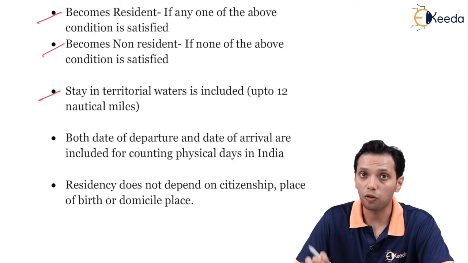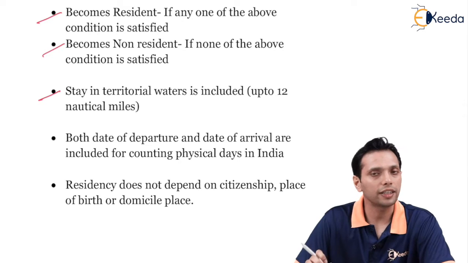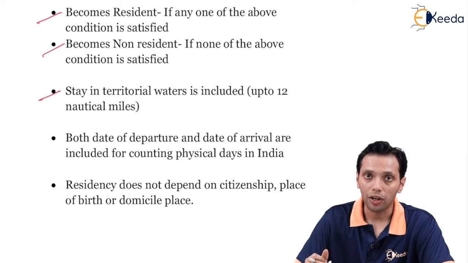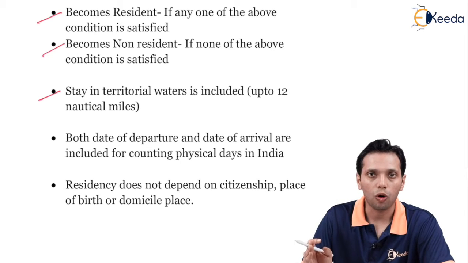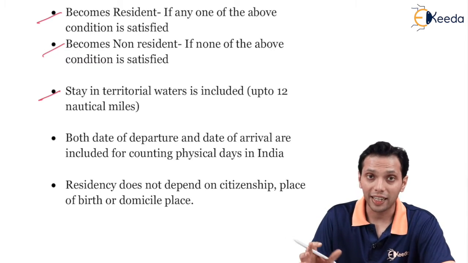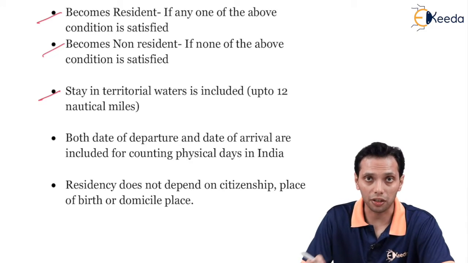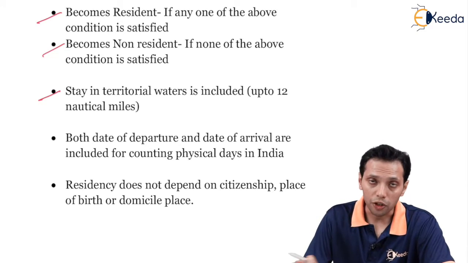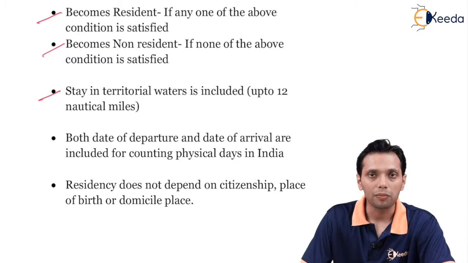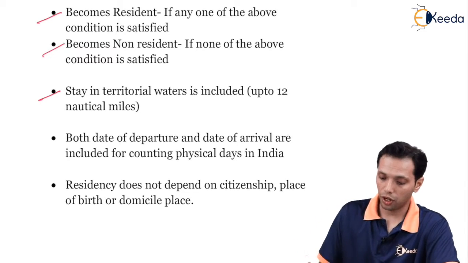It covers the territorial waters also, up to 12 nautical miles from the coast of India. So that is even part of India, and any services rendered or any profession or business set up within 12 nautical miles will be sourced in India and accordingly will be subject to tax in India.